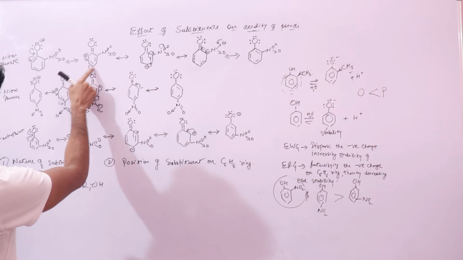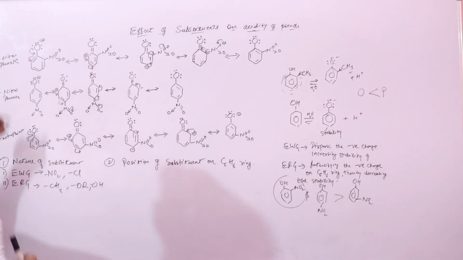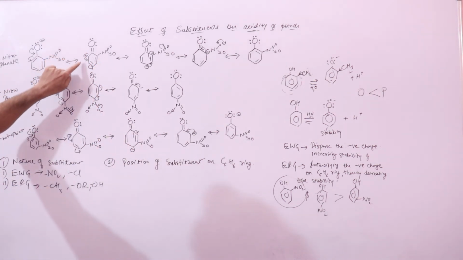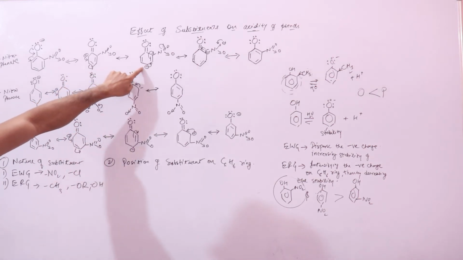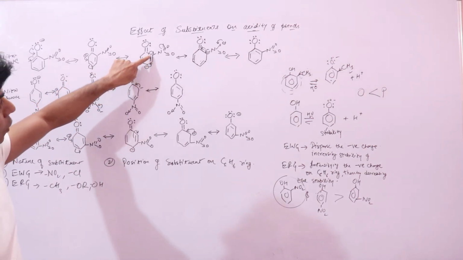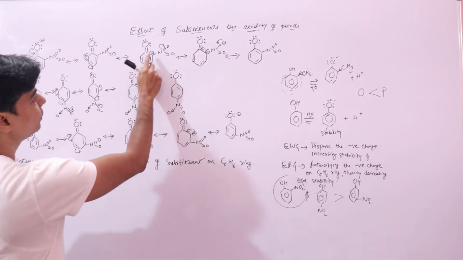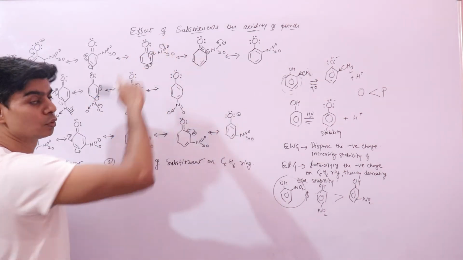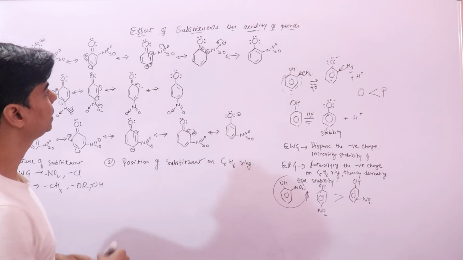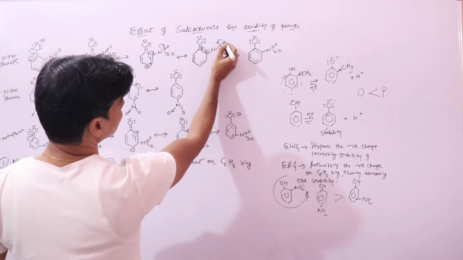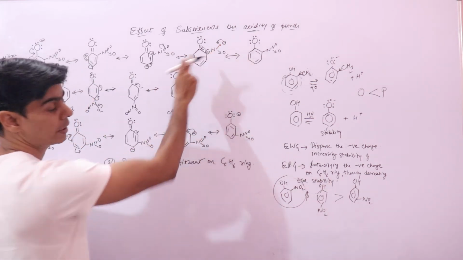So this electron pair is moving in this benzene ring. When it reaches here, you have a negative charge here. When it reaches para, you have a negative charge here. Now when it reaches ortho, you have a nitro group at ortho. This negative charge will move into this nitro group also, thereby you have a negative charge on the oxygen of the nitro group.